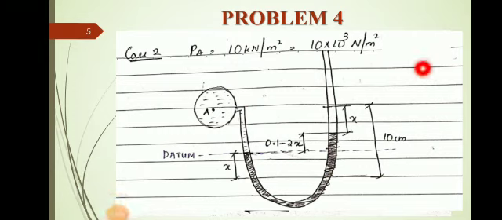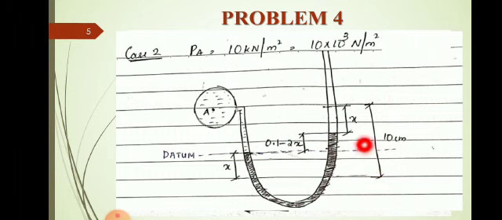Similarly, in the right limb, what are the pressures available above the datum line? This is the new datum line. Above it, you have only this much of mercury. Now you have to find out the height of this mercury in terms of x. This total height was 10 centimeter or 0.1 meter.